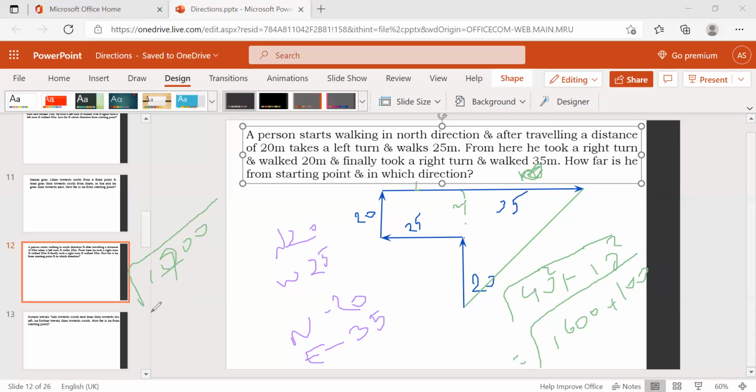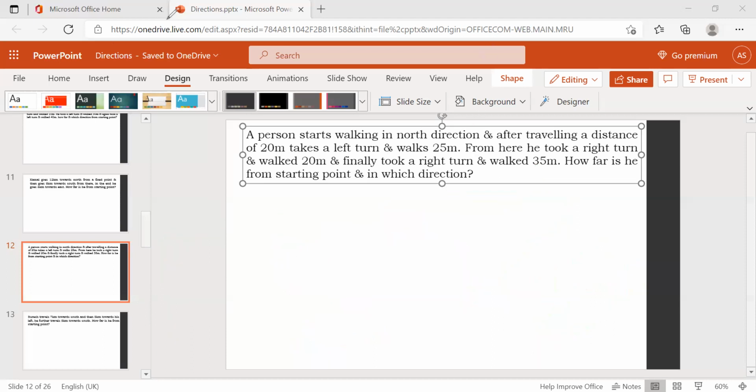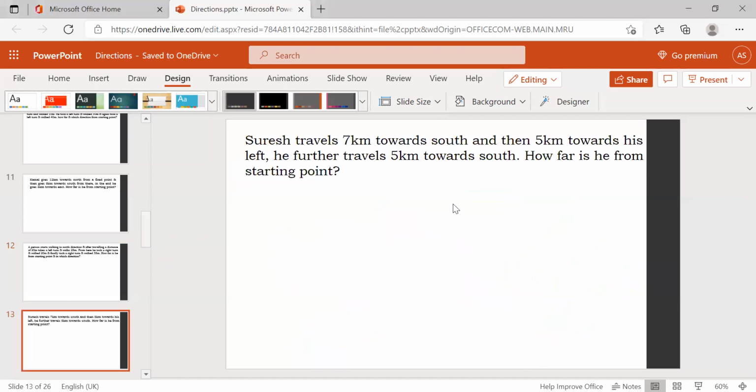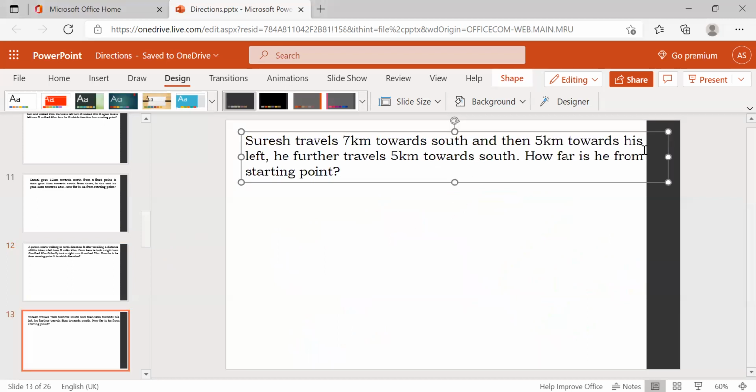Root 1700, we can take 10 out, so 10 root 17 is the answer, right? Then in the same way, try another one.